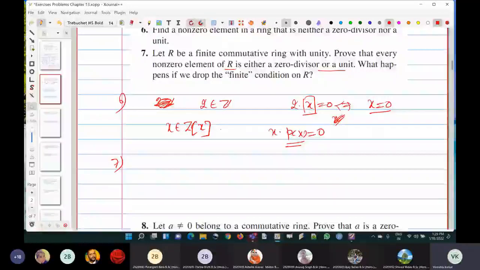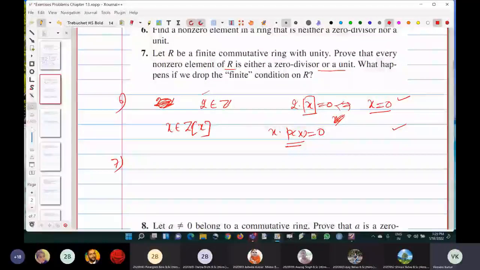What happens if we drop the finite condition? It means they are considering the infinite case. In the infinite case, these two examples will work, because Z, the set of integers, is an infinite ring in which we have 2.